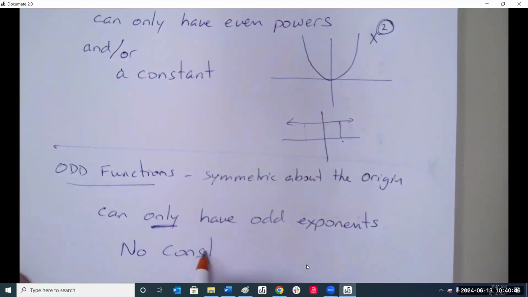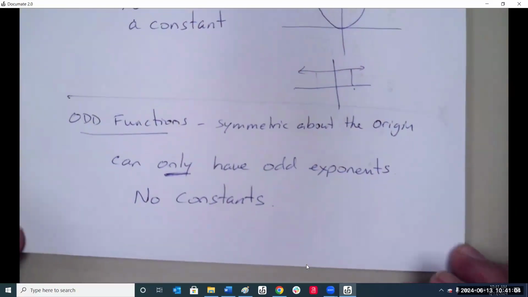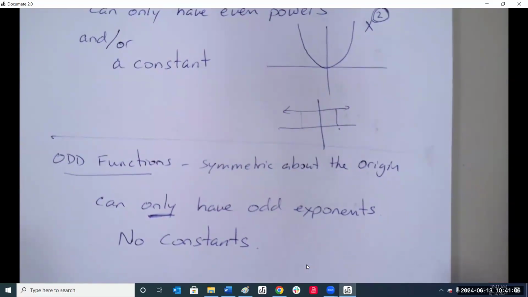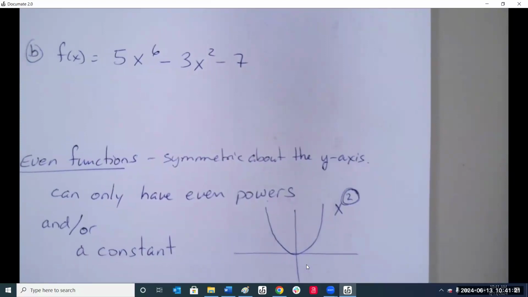No constant. Again, odd functions can only have odd exponents and cannot have constants. Even functions can only have even exponents, and they can have, or they don't have to have, a constant number.